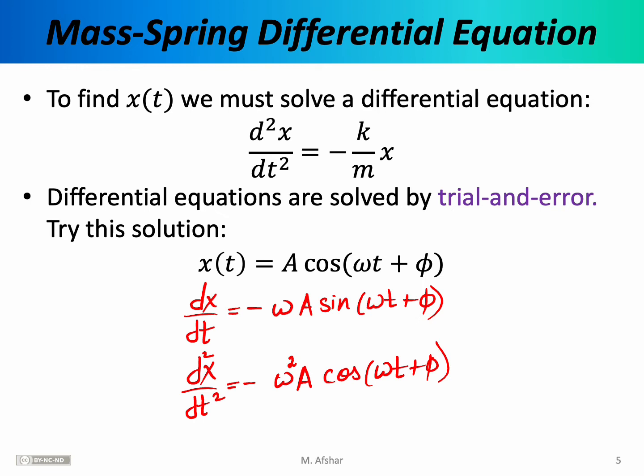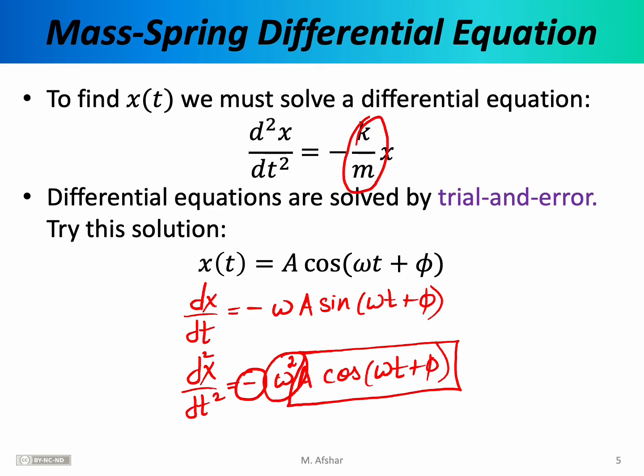Now notice that I don't yet know what omega is, but I can now figure it out. My differential equation tells me that when I take the second derivative, what I need to get is minus some constant times the function itself. Well, here's the second derivative, and I see the minus sign here, and the function itself is right here, a cosine omega t, and what I'm left with is omega squared, which must equal k over m.